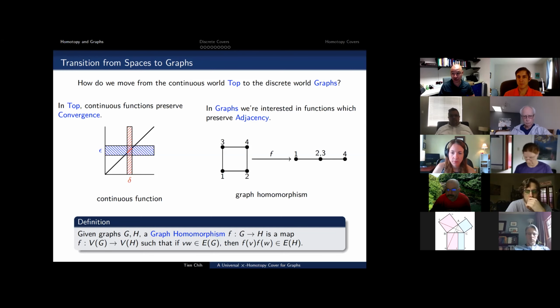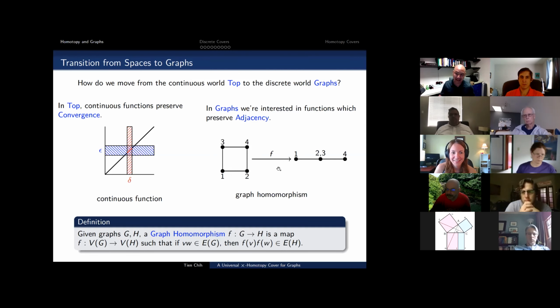We're interested in functions which preserve the adjacency. So here I have a map from the cycle to this path. And what we have is we're mapping 2 and 3 to the same vertex, 1 and 4 to these opposite vertices here. Can people see my cursor or no? Yes. Okay, good.